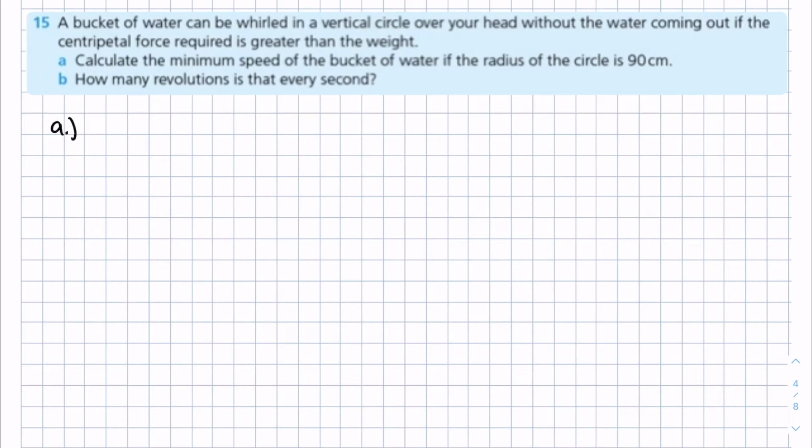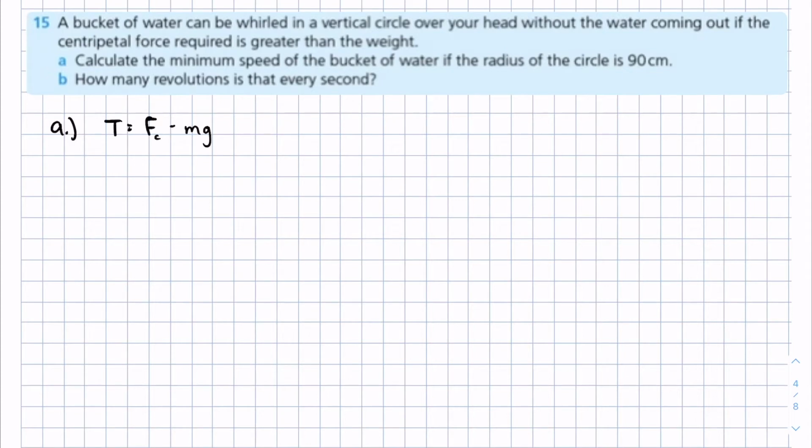So first we have to find the equation for velocity, and since we know that tension is lost when it's at the top, we have to use the equation for tension when it's at the top, which is T equals centripetal force minus mass times gravity.